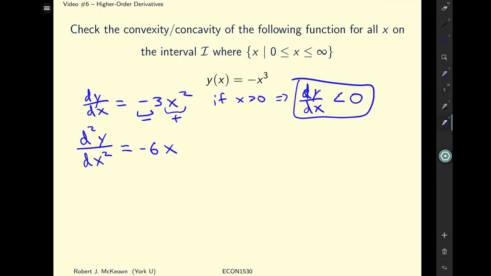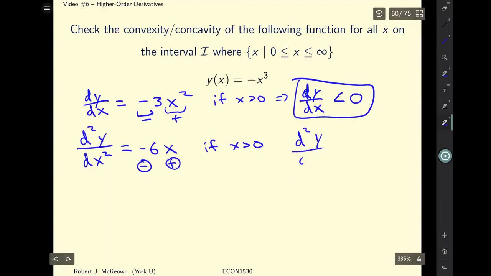What about our second derivative? We've got negative 6 times x, and if x is strictly greater than 0, then x is going to be positive. We've got a negative over here, and the second derivative is also going to be strictly negative.